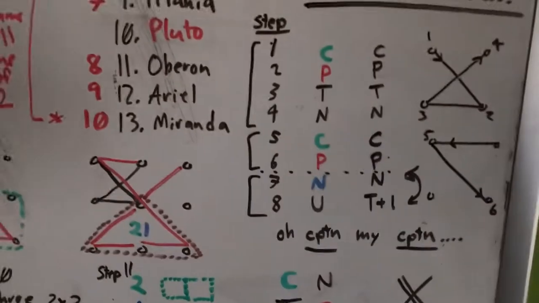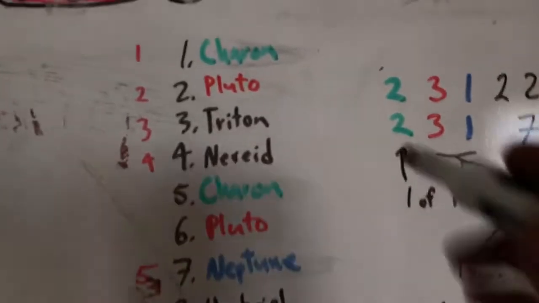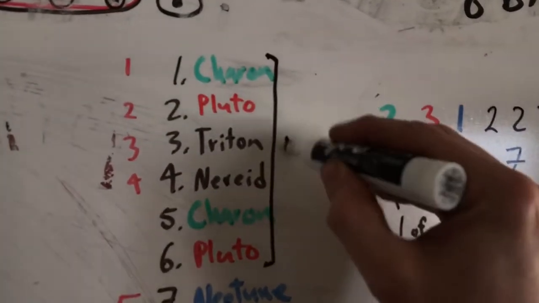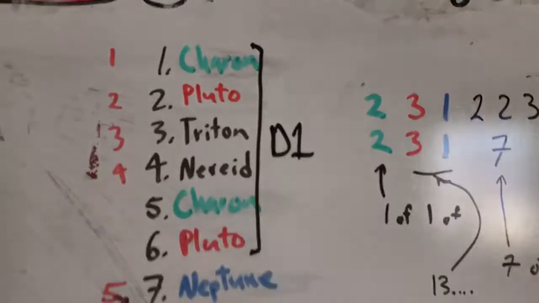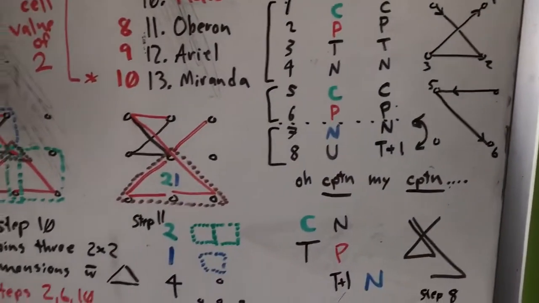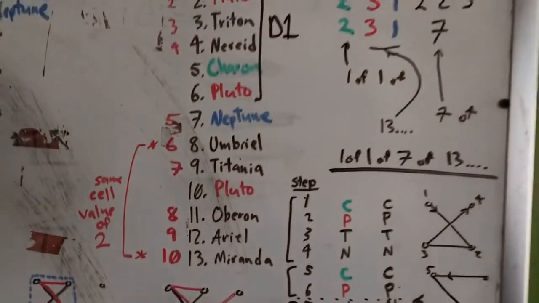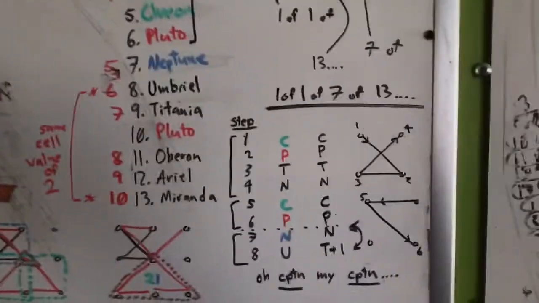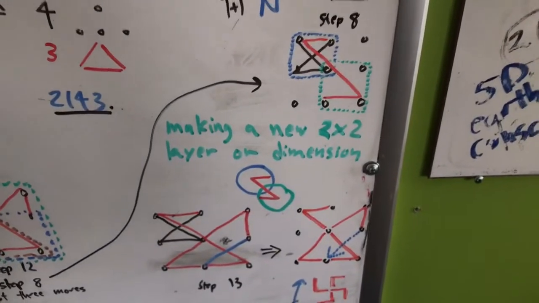So I'm going to assume, just for now, that that would be day 1. Alright. Which means that the rest of this up to here would be day 2. That's what I thought. But anyway, make a new 2x2.